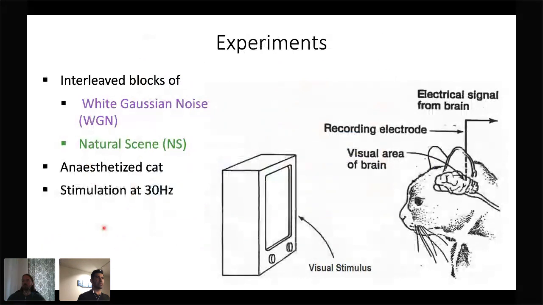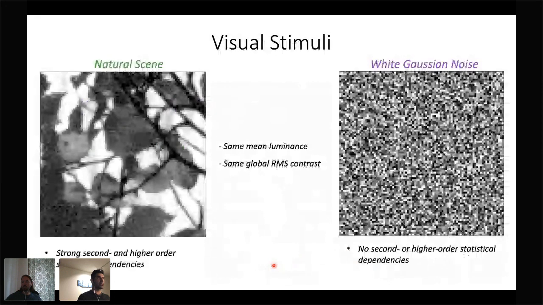We did a series of experiments in which we recorded from the cat primary visual cortex using multi-electrode linear probes, while at the same time we were presenting interleaved blocks of white Gaussian noise and natural scenes to the animal. These are examples of the stimuli that we used in our experiments.